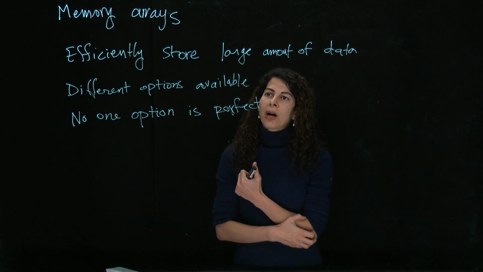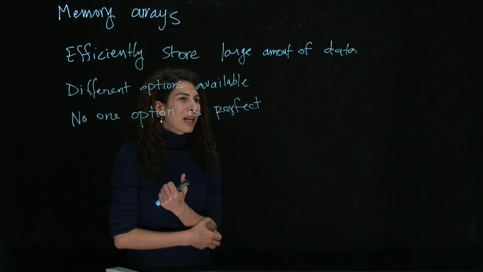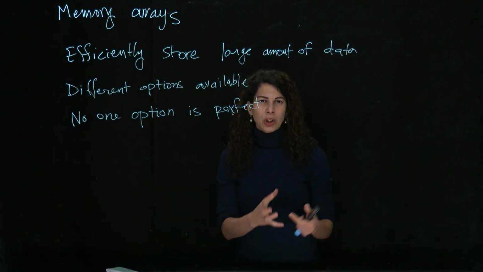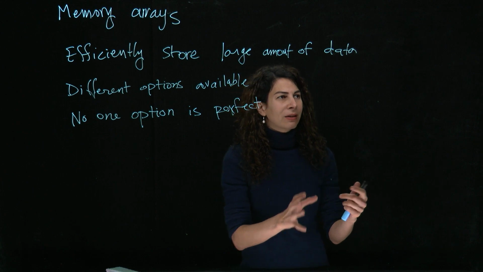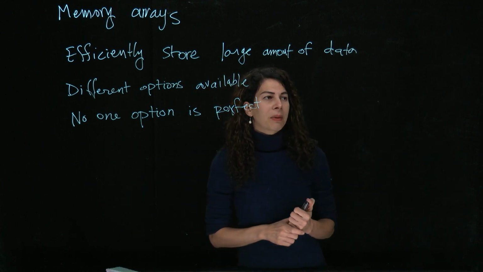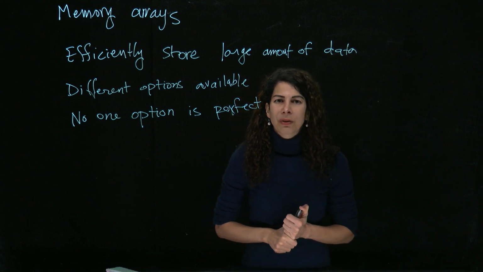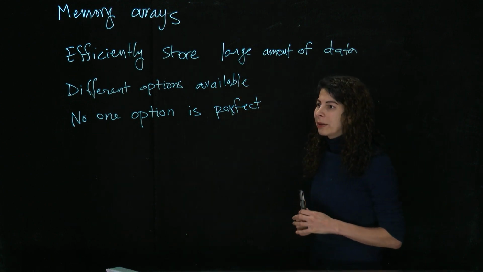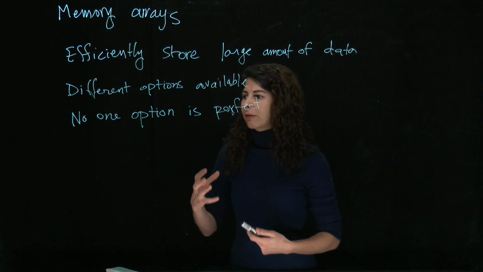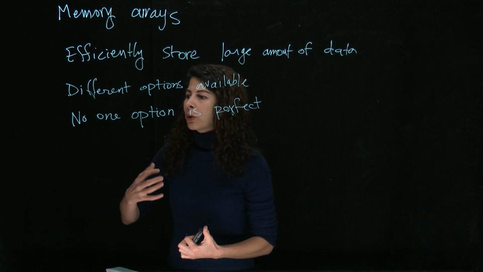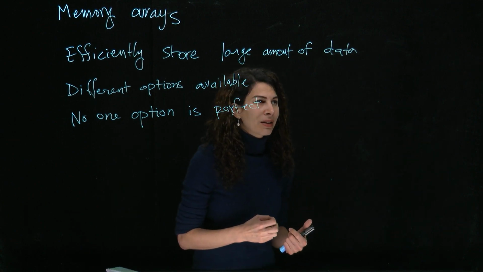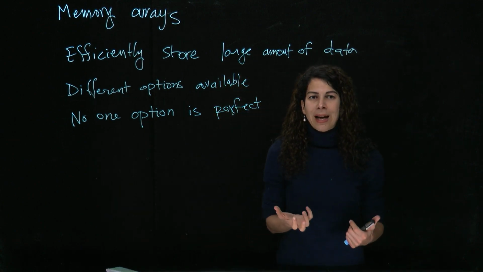For this very reason, the memory inside any of these processors is typically not just one piece. It's typically a hybrid of various different memory options, and when the architecture is done, for every task we use the appropriate type of memory that gives us the best performance for that task.